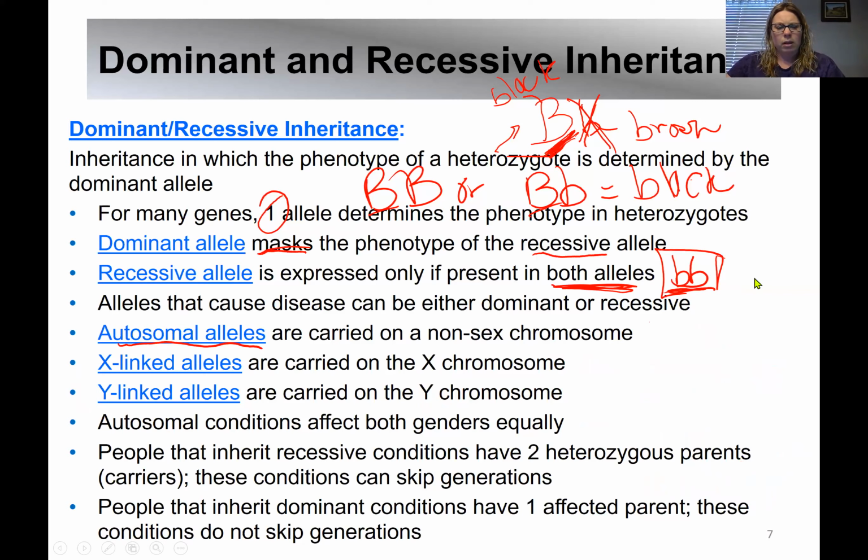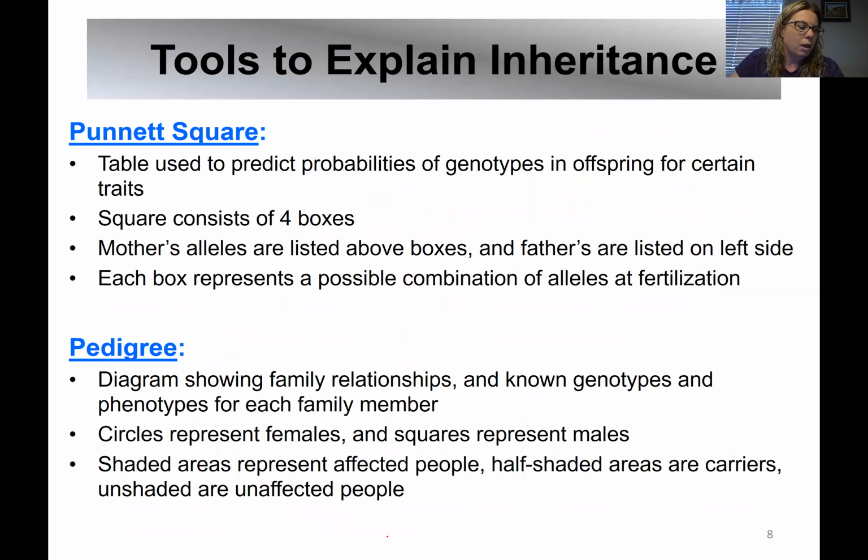Anyway, with a dominant condition, you only have to have one affected parent. You only have to have one of those affected alleles, and these do not skip generations. We're going to go through some examples in just a second.